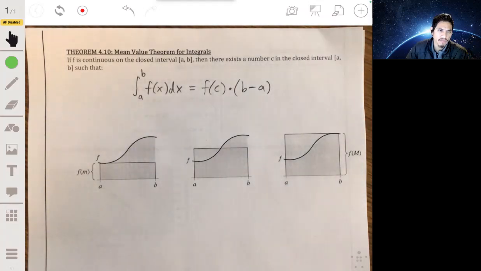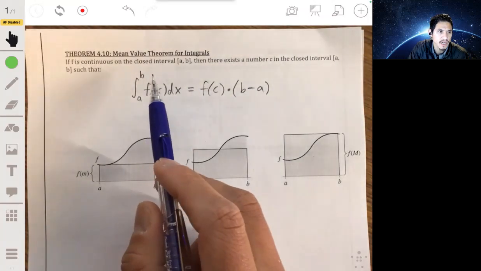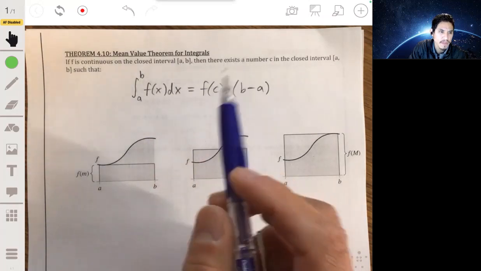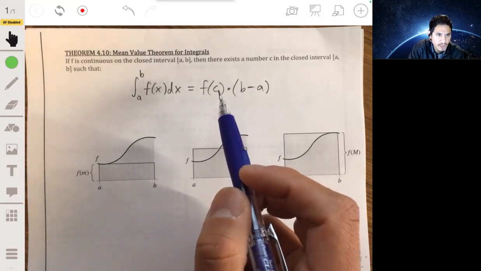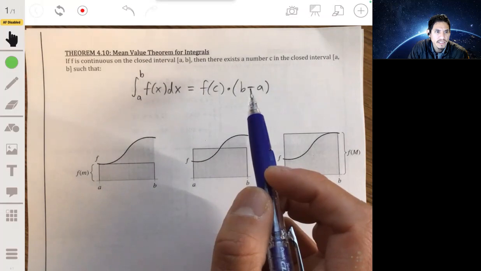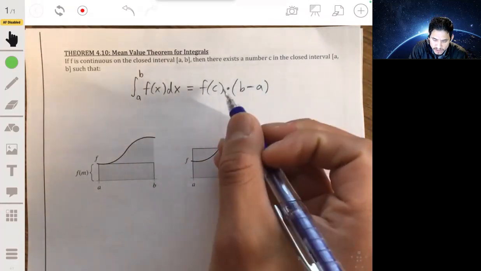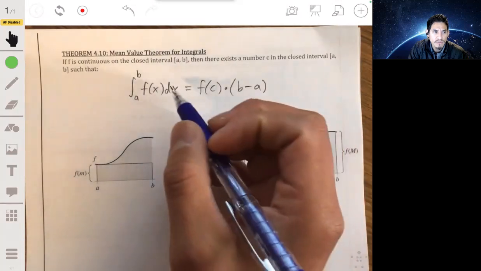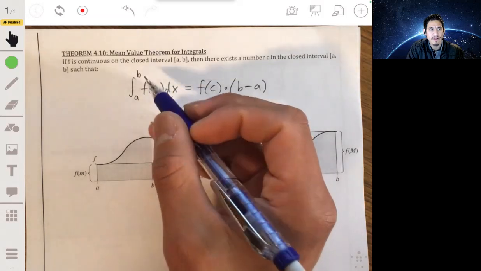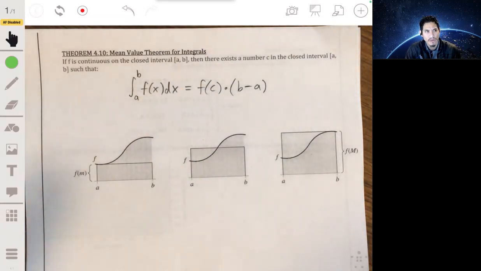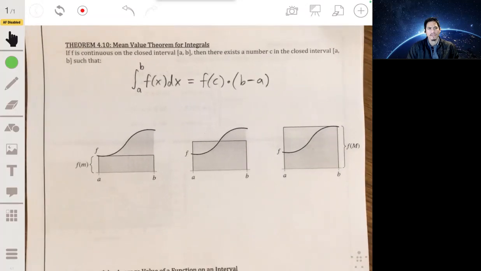Now, what the mean value theorem officially says is that if you have a function f that's continuous on a closed interval a to b, then there's going to be some value c between b and a such that f of c times b minus a will be equal to the definite integral of f of x dx from a to b.